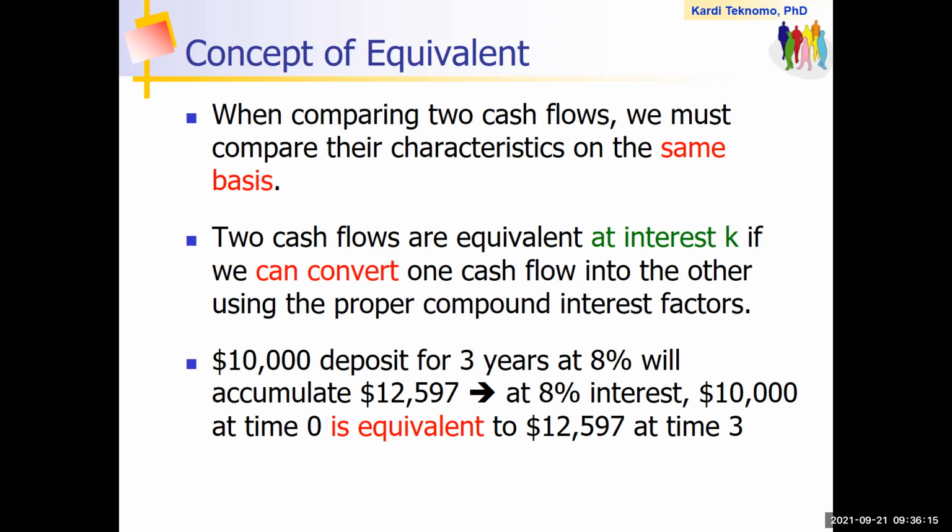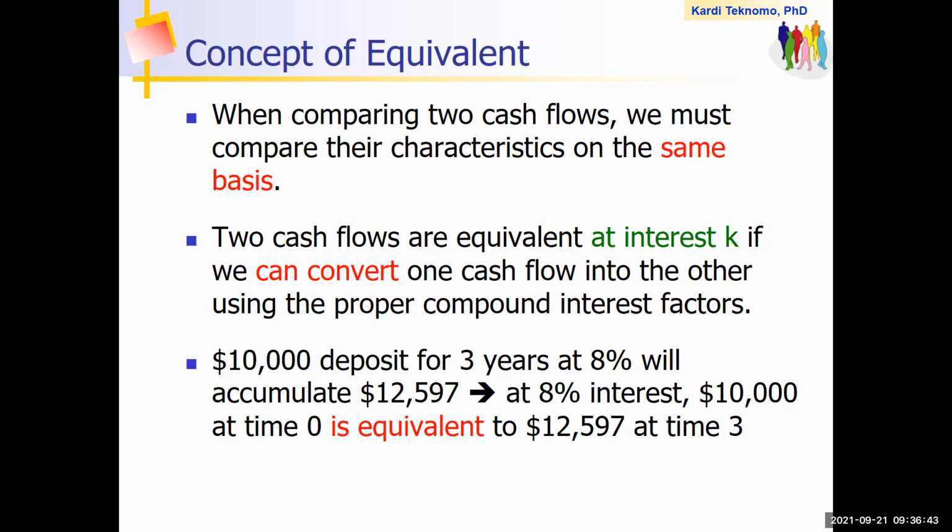compound interest factor. For example, if you have a 10,000 deposit for 3 years at 8%, the value will be $12,596. Okay, at 8%, what's the meaning? At 8%, the $10,000 at time 0 is equivalent to the 12,597 at time 3.